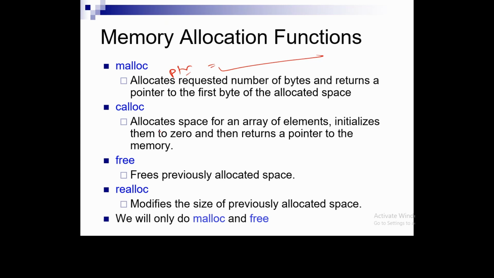In the case of calloc, it allocates space for an array of elements and initializes them to 0 and then returns a pointer to the memory. जैसे हमने इससे array के लिए memory allocation किया यहाँ पे, तो उतने साइज का मेमोरी एलोकेशन हो जाएगा जितना हमने साइज इनपुट किया है और उसका पॉइंटर रिटर्न हो जाएगा. यहाँ पे हमको कितने नंबर ऑफ एलिमेंट्स के लिए एलोकेशन करना है और साथ में जब वो रिटर्न होगा तो उस एरे के सारे एलिमेंट जो हैं दैट विल बी इनिशियलाइज्ड विद 0, ऑटोमेटिकली इनिशियलाइज्ड विद 0.